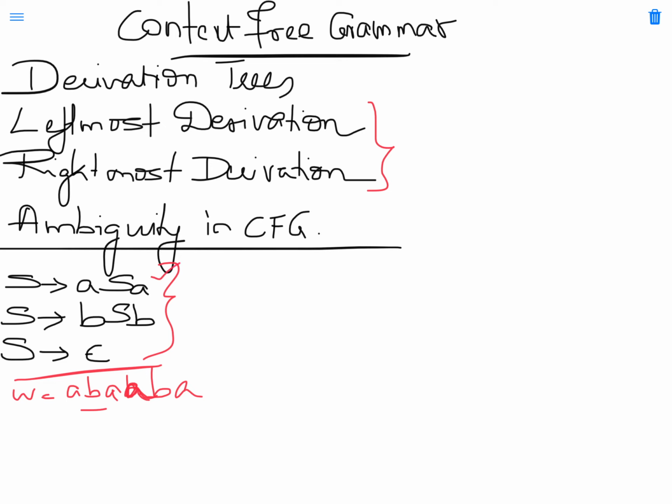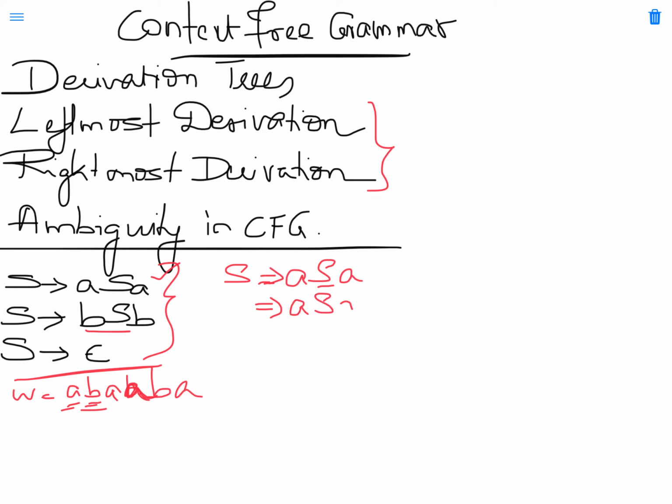You will start with the first one, to derive the first input symbol of the string, that is A. So S gives ASA, and the one non-terminal that you have to replace is S. Here the string has the second input symbol as B, so from the productions BSB can be taken.